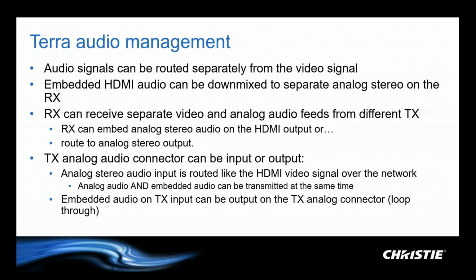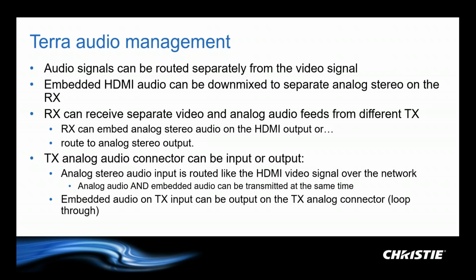It's not just a video matrix switcher, it's an audio matrix switcher, it's a USB matrix switcher as well, and it's RS-232 and infrared and so on. And you can switch all these different types of signals separately over the network, but you're still using just a single network switch.